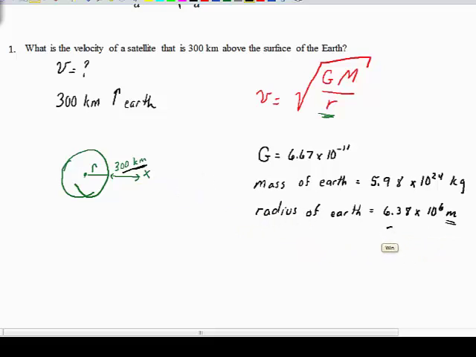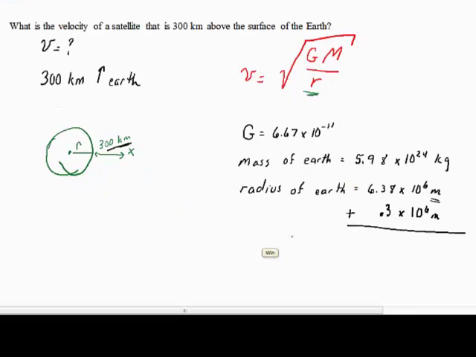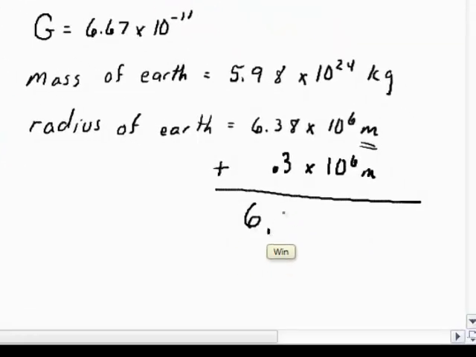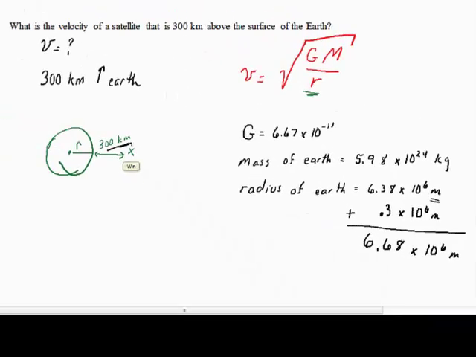So 300 kilometers is equal to 0.3 times 10 to the 6 meters. So I can add those together, and I get 6.68 times 10 to the 6 meters. So the distance our satellite is from the center of the Earth is a total of 6.68 times 10 to the 6 meters, which is that R, the distance from center to center.